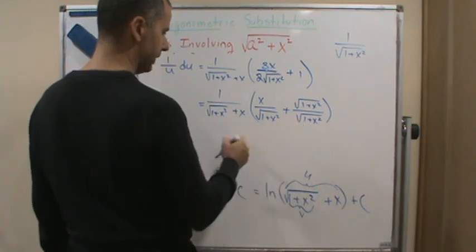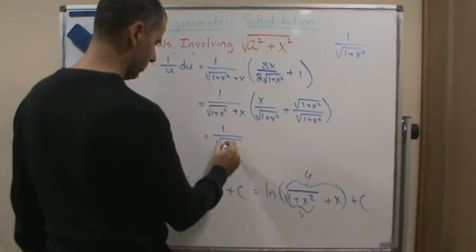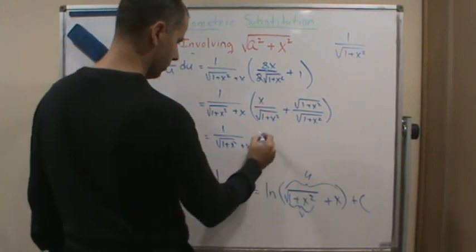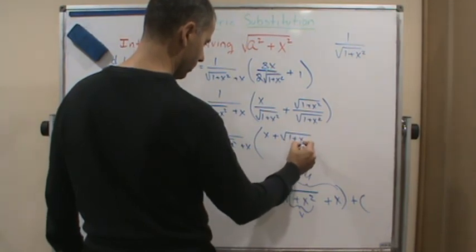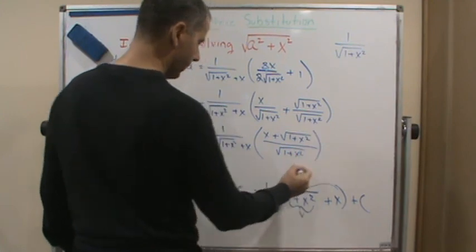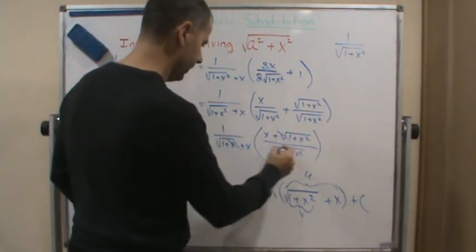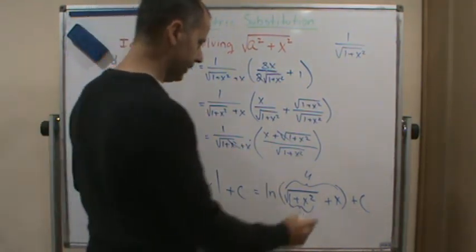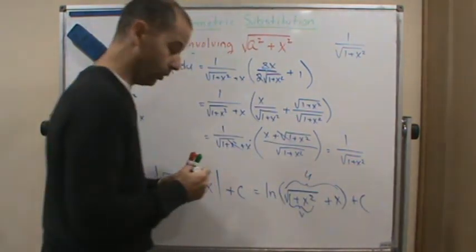And so now I can just combine these and I get, and there it is. Because this is the same as this. This cancels this because I'm multiplying, right? So I can cancel the numerators and the denominators here, and I get what I started with. Okay, so it worked out.